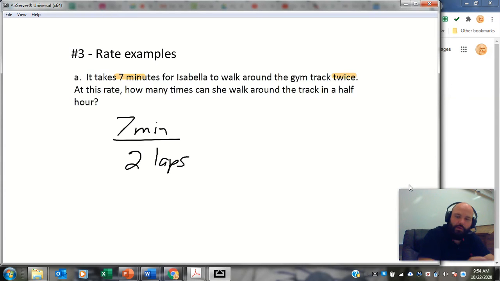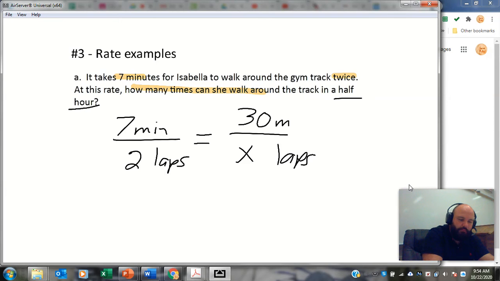And now we need to come up with another ratio that we're going to make proportional to our first ratio. And that second ratio says we're looking for how many times can she walk around the track. So we don't know how many laps, right? So the laps here is X, but they want to know in a half an hour, which is 30 minutes.